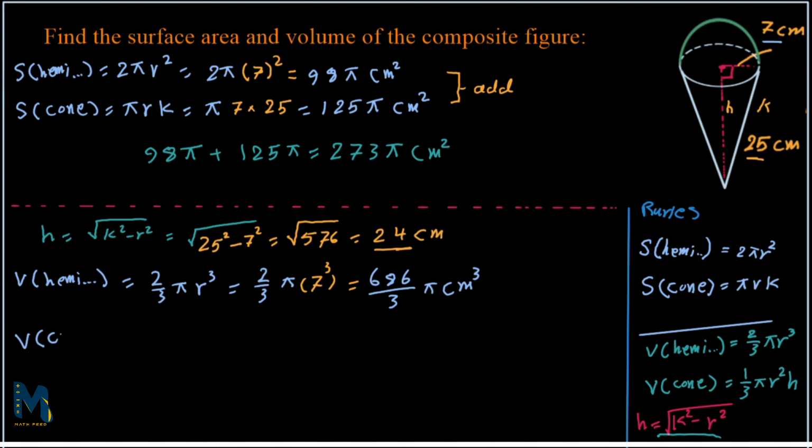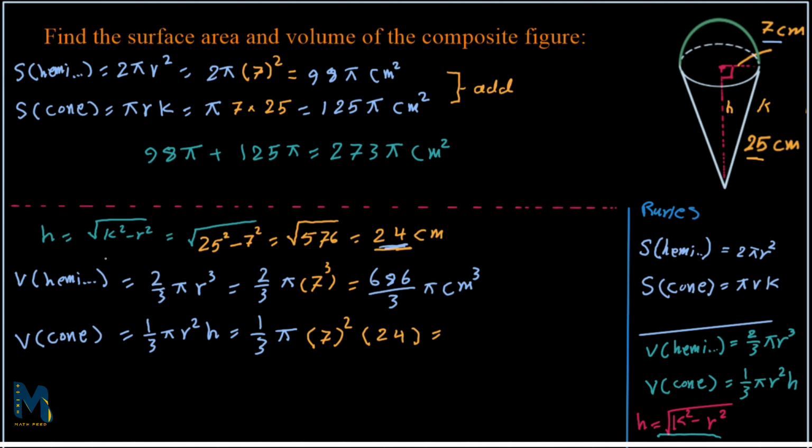What about the volume of a cone? Rewrite the rule: 1 over 3 pi r square h. Just substitute a radius, which is 7, and our h, which is 24. So 1 over 3 pi, for a radius we have 7 to the power 2, and for h we have 24.